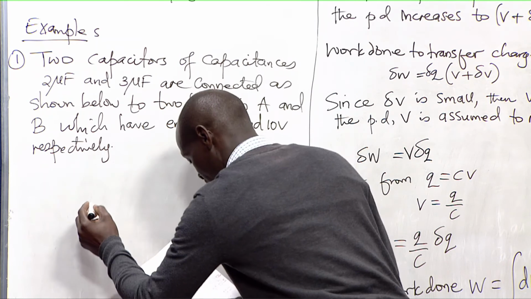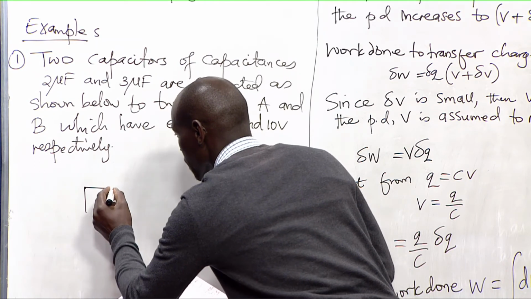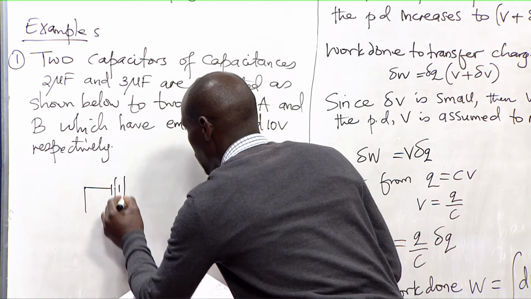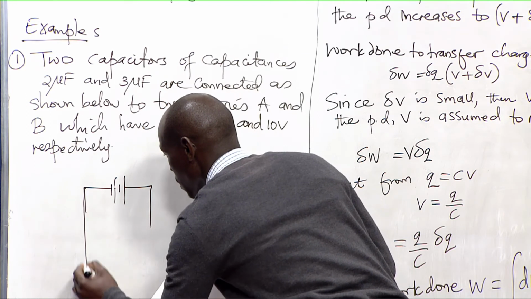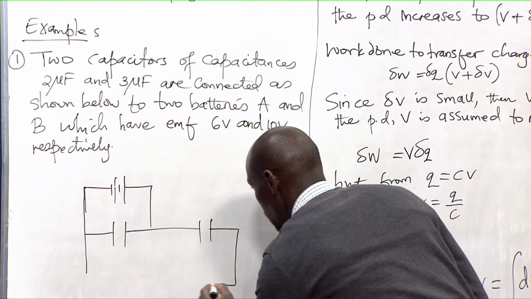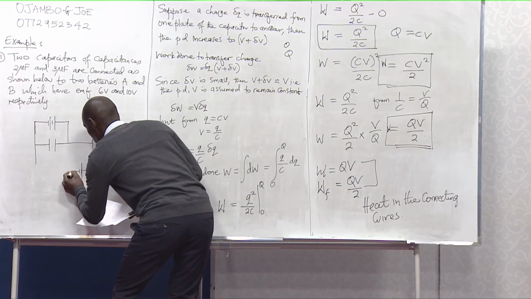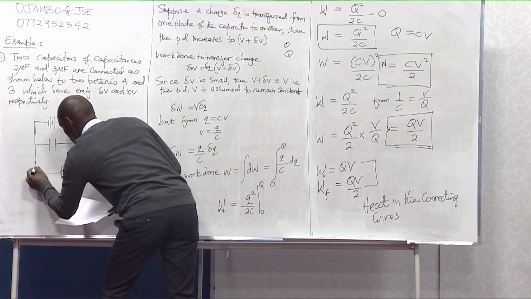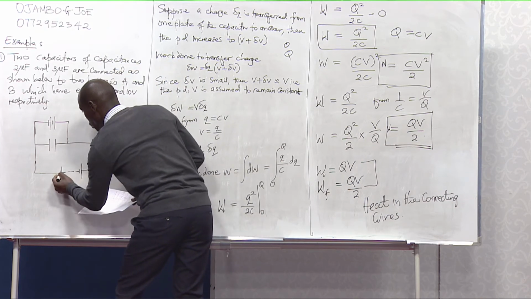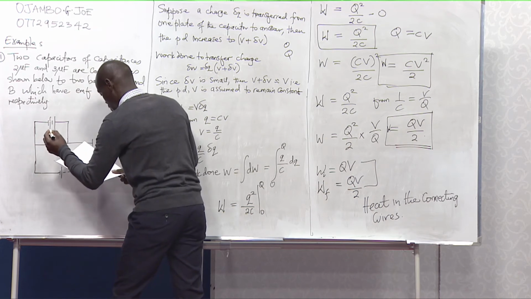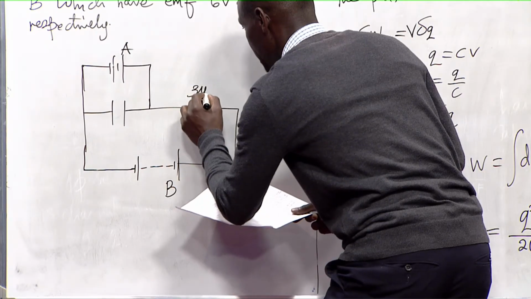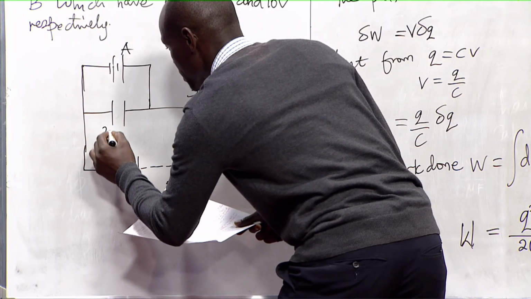Then this is the diagram. That is our circuit diagram. Make sure these ones touch, because it will look like there is no connection if they don't touch. So this is battery A, this is battery B, this is 3 microfarads, this is 2 microfarads.